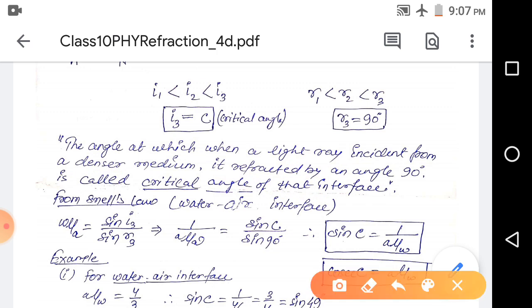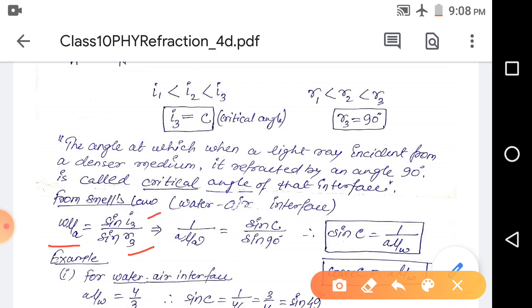So we come to Snell's law for this case. Here we have the water-air interface and we know that Snell's law is the ratio of sine of angle of incidence, here I3 is the angle of incidence, and sine of angle of refraction, here R3 is the angle of refraction, which is equal to a constant called the refractive index of that interface.